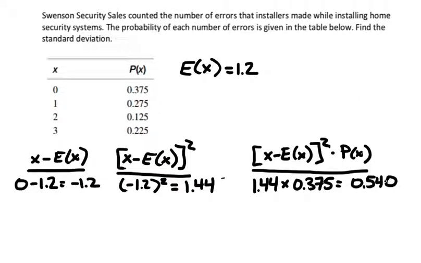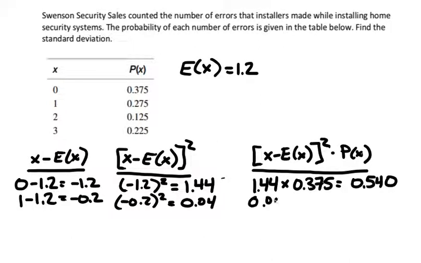Now, I need to repeat this process for the other three values of x. So start with subtracting the mean, 1.2, square it, and multiply by the probability.